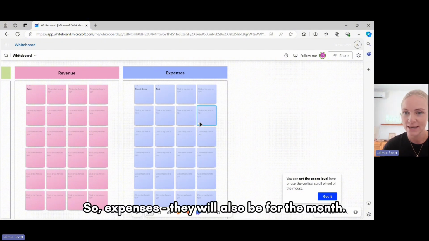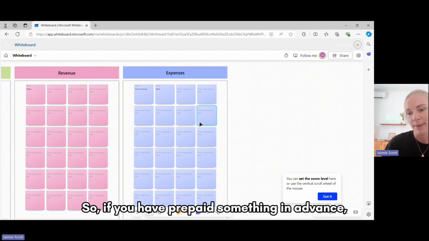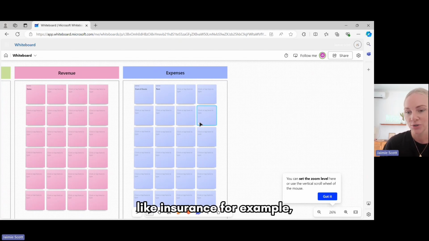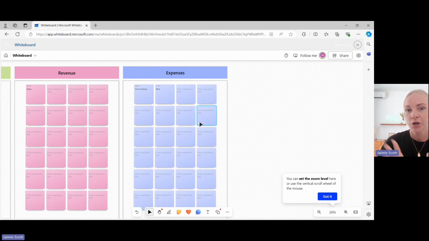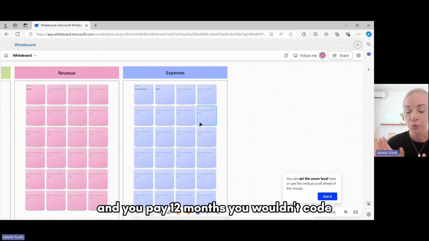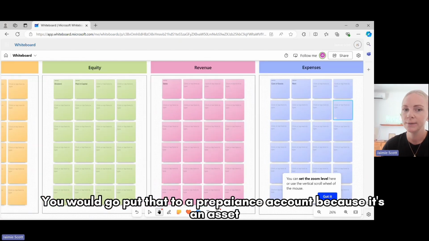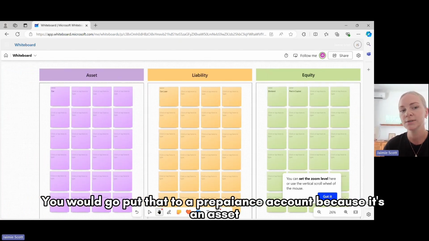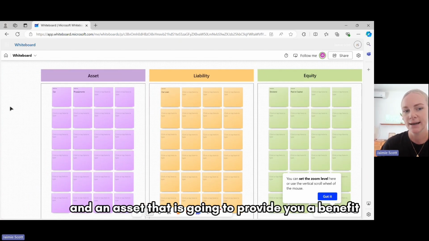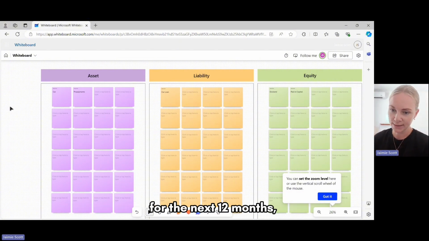So expenses, they will also be for the month. If you have prepaid something in advance, like insurance, for example, and you paid 12 months, you wouldn't put that to an expense account. You would put that to a prepayments account because it's an asset that is going to provide you a benefit for the next 12 months.